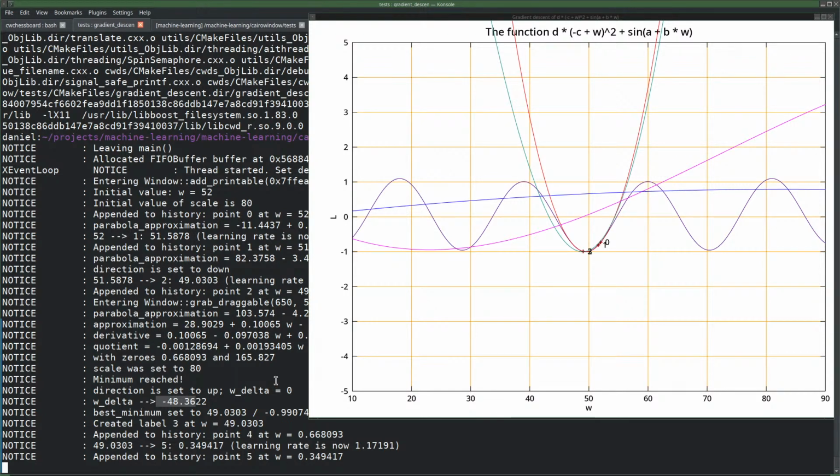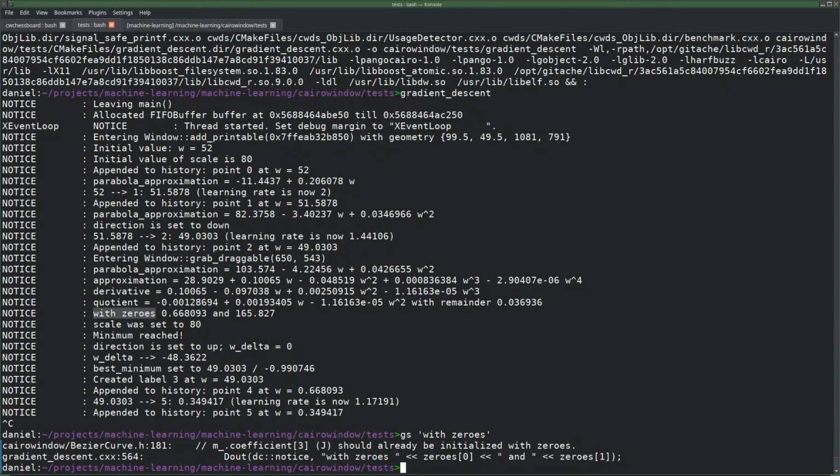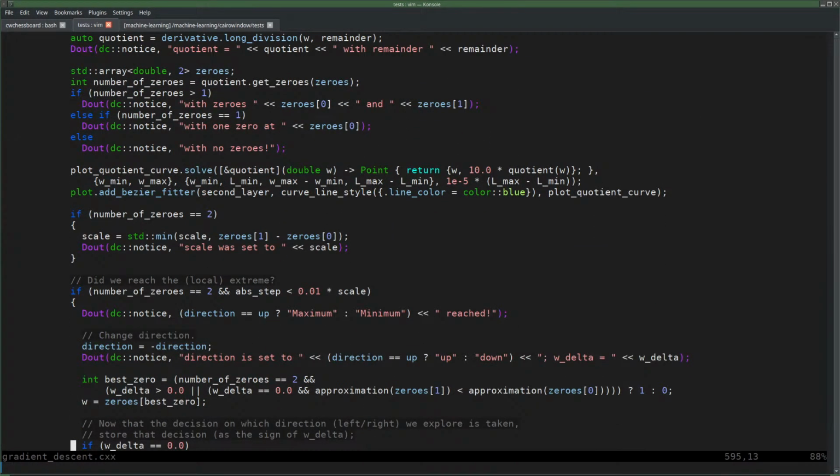Let's add more debug output. I want to see which zero it picks and why. Oh, that's why it stayed 80. I use the standard minimum.